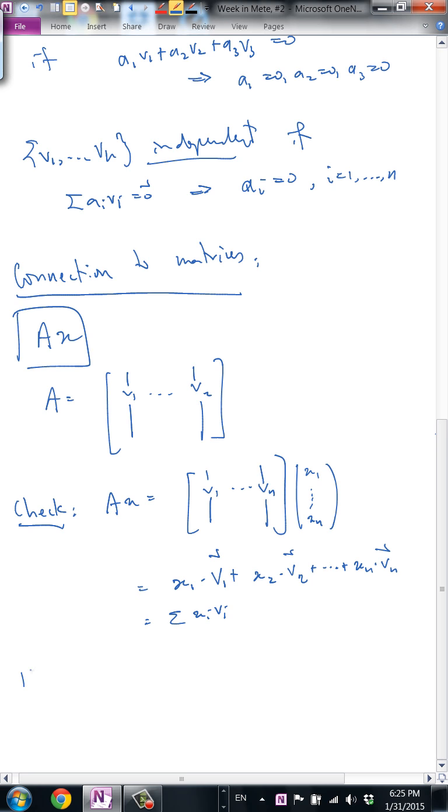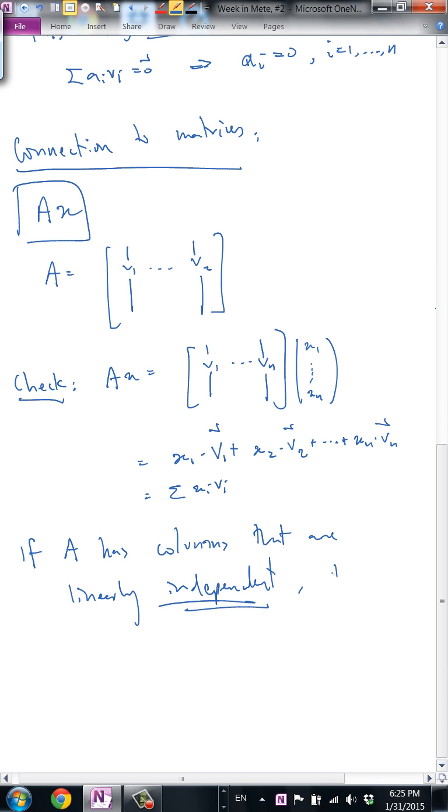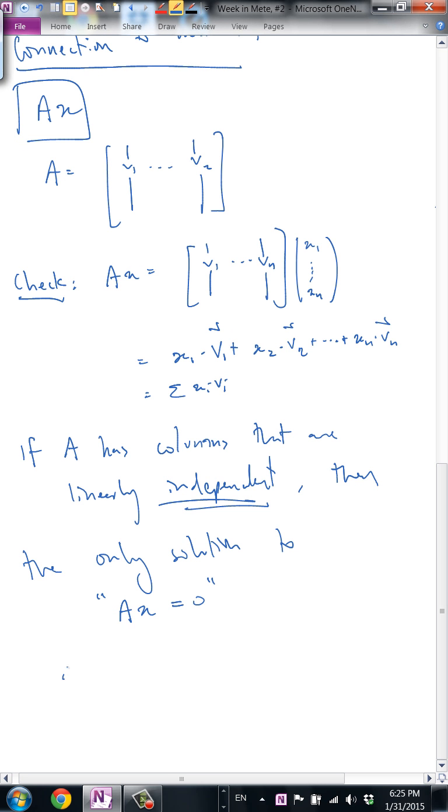So this means that if A has columns that are all linearly independent, then the only solution to the set of equations Ax is equal to 0 is x is equal to 0. Again, these are vectors.